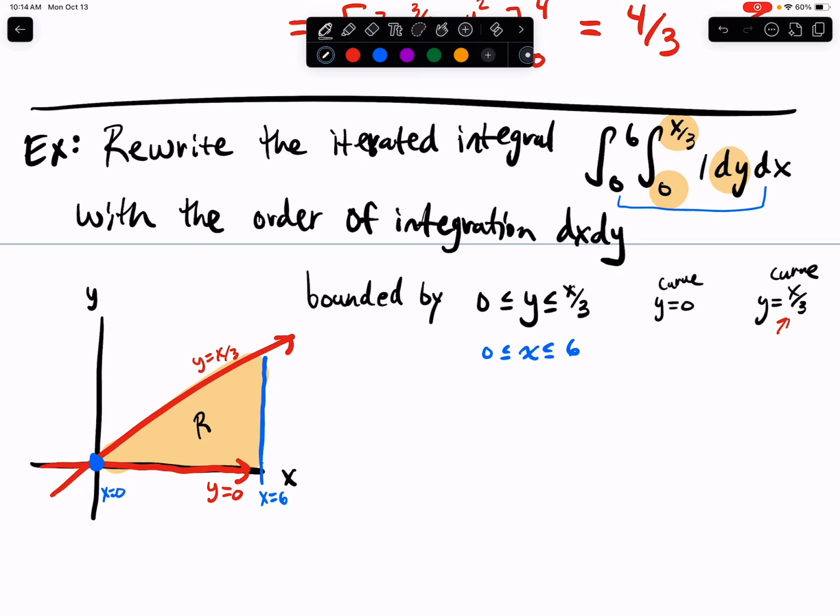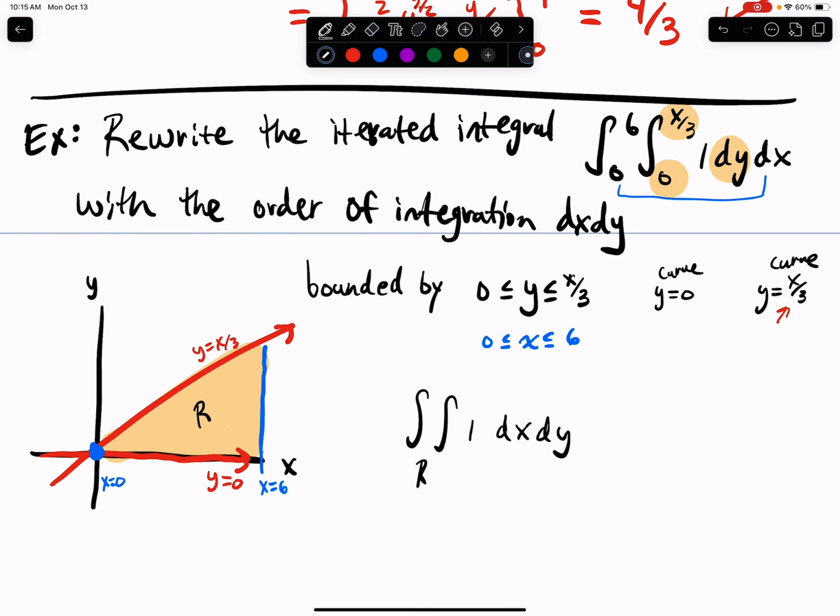All right, so what do we want to do? We want to rewrite it as the double integral over the region R of dx dy. So I want x to be from curve to curve. So we integrate curve to curve for x first.